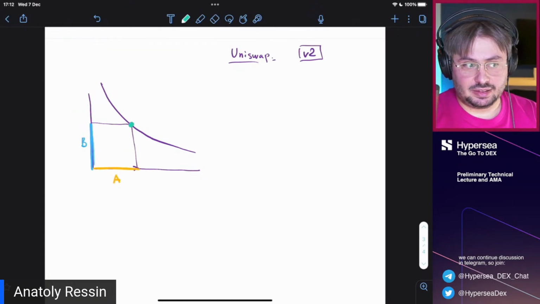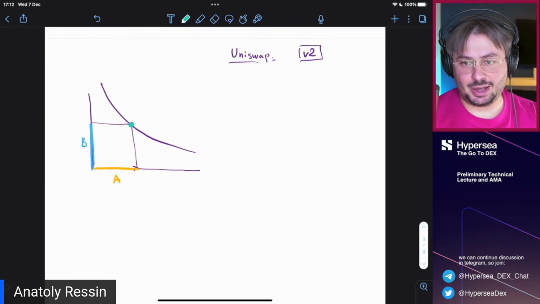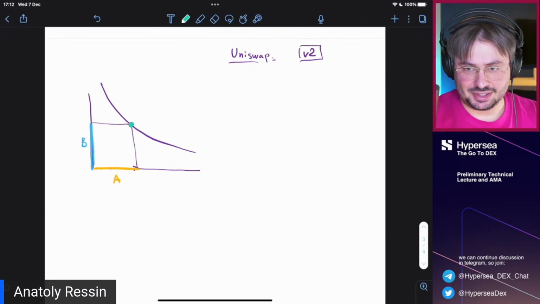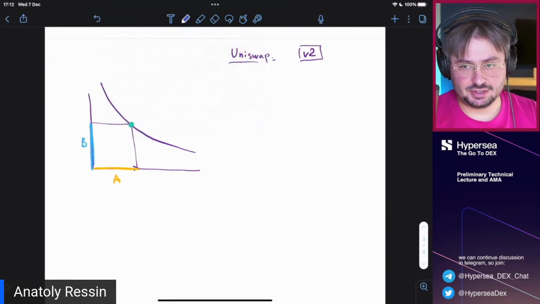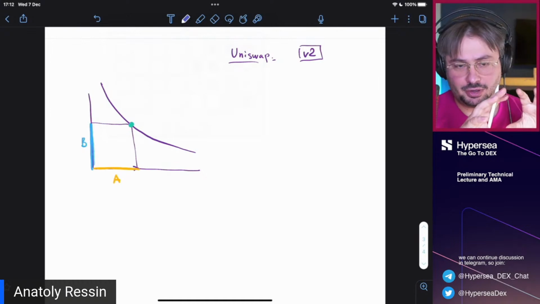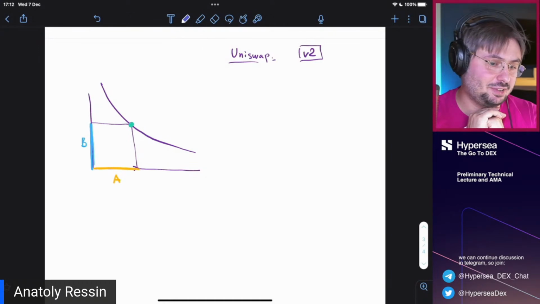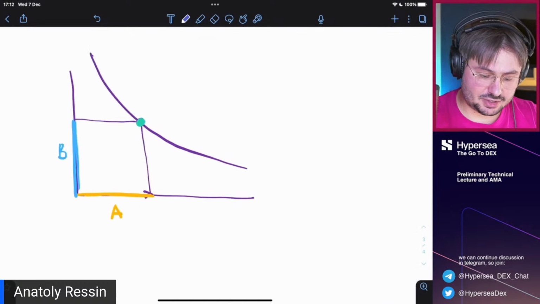And the main question for the exchange is what I will obtain if I, for example, sell this amount of cryptocurrency. And if you have a curve in your hands, it is very easy to answer this question.